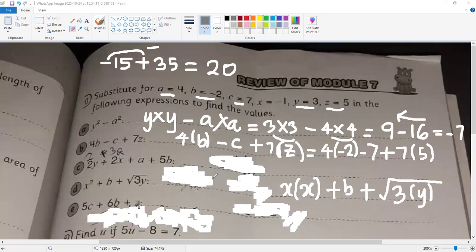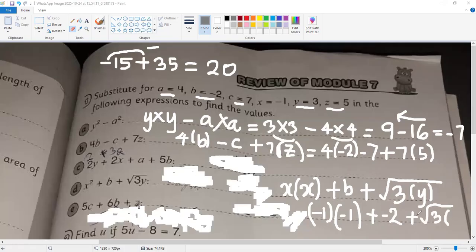Now, when I say x times x, we go to the value of x, which is minus 1 times minus 1, plus the value of b. b is minus 2, so plus minus 2, plus root 3 times y.